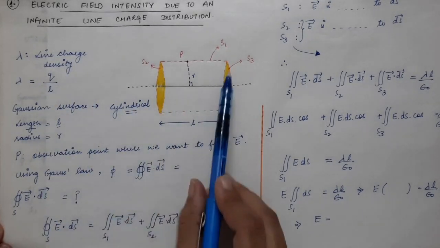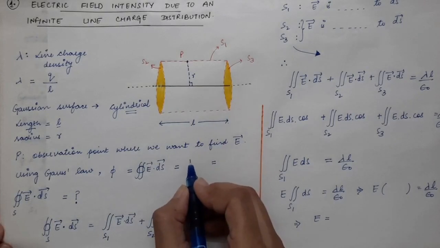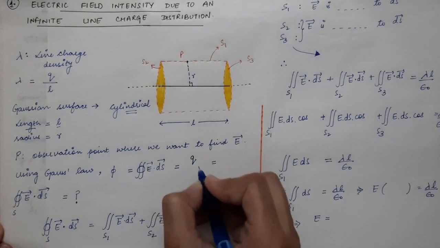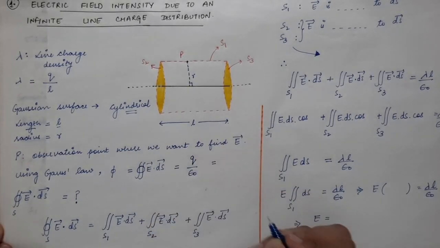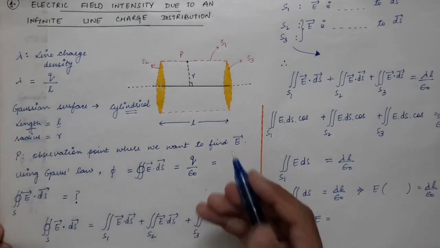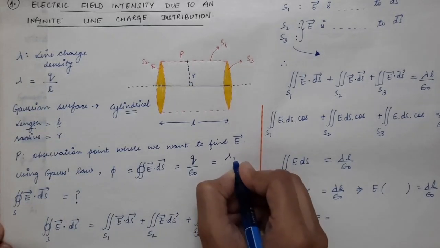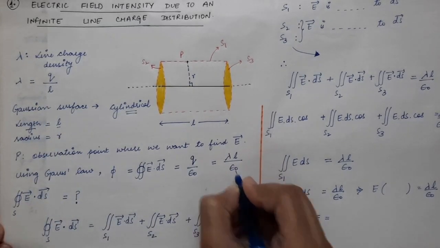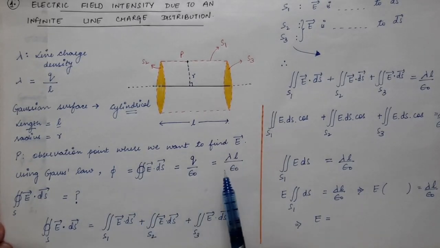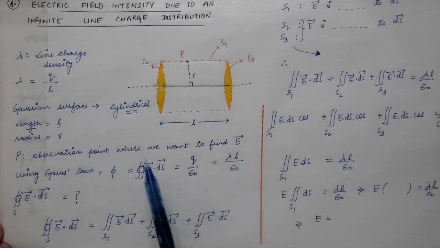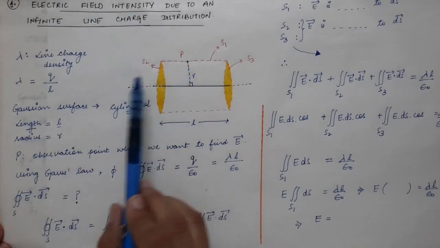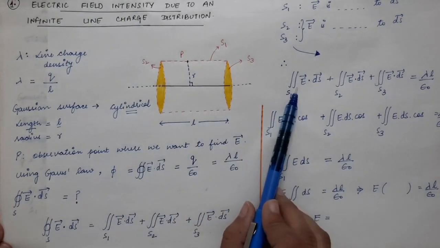So the flux linked with this Gaussian surface is equal to the charge enclosed divided by epsilon naught, that is q divided by epsilon naught. q can be written as lambda into L, so it is simply lambda into L divided by epsilon naught. What we want to find is the electric field intensity at point P due to this whole charge distribution.